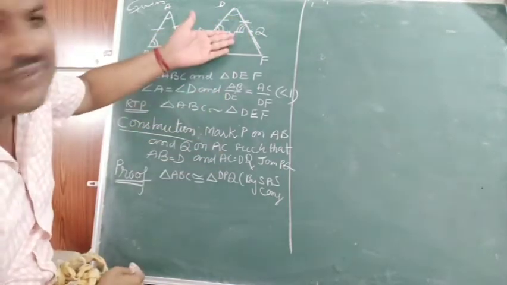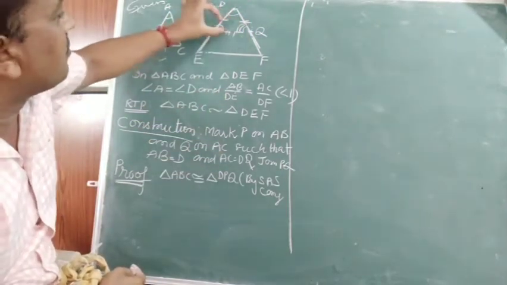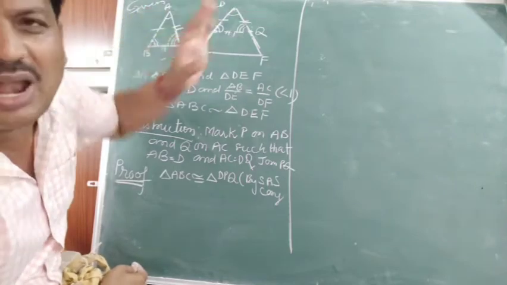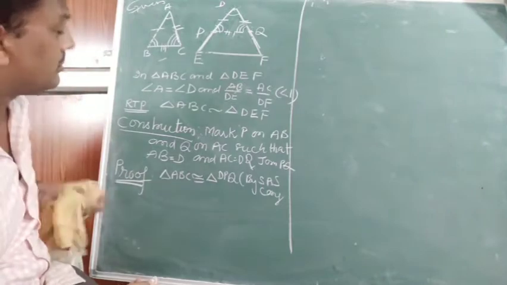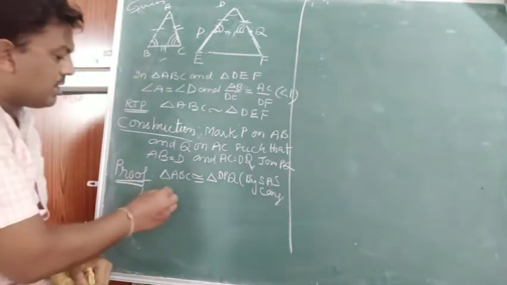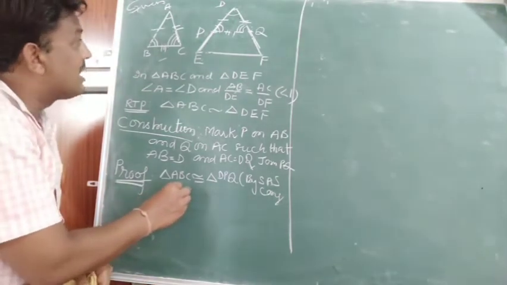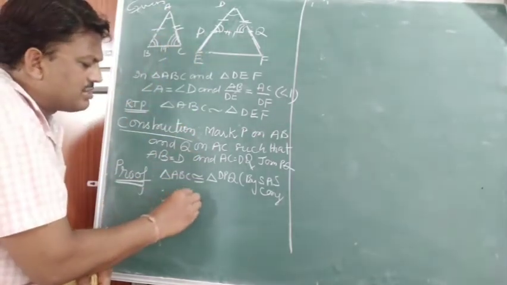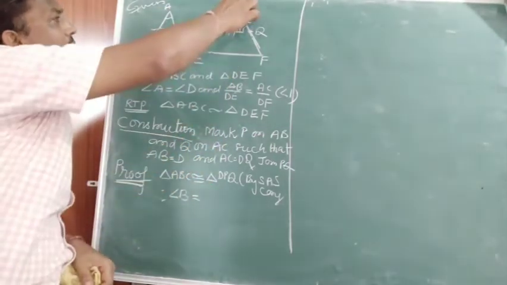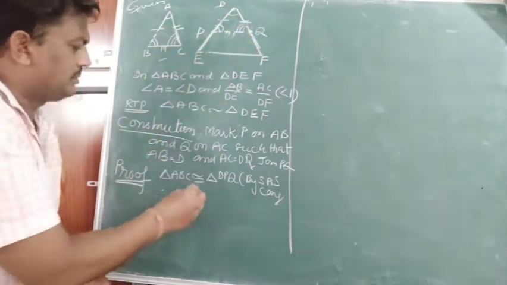The side is not necessary for us here. These two are enough. This angle equality is enough, children. Okay. After that, what to do? Therefore, we can write that angle ABC, that is, normally you can say B, is equal to angle DPQ.